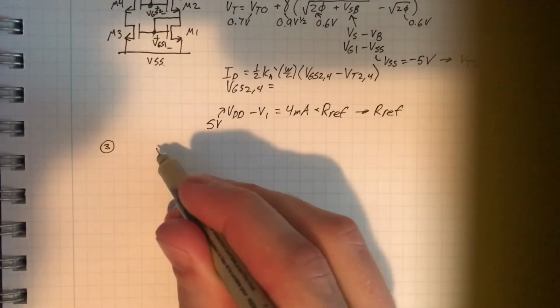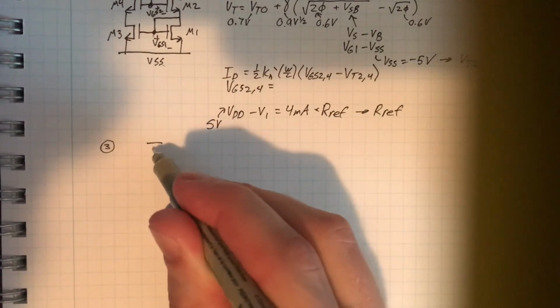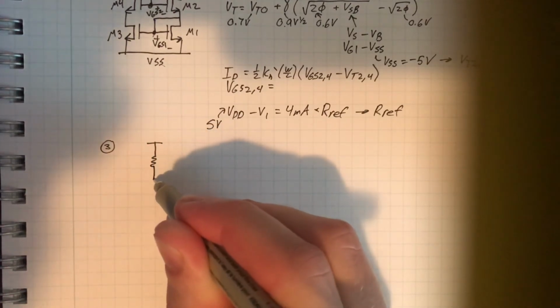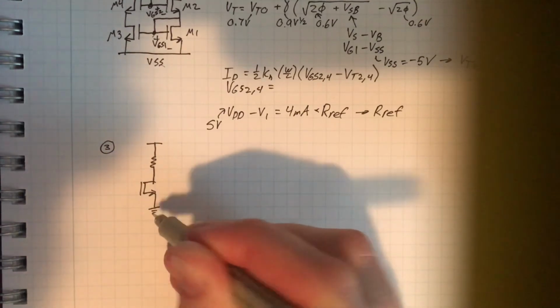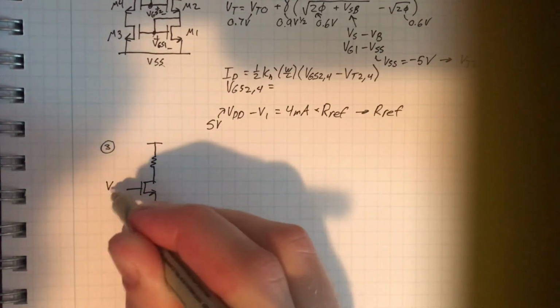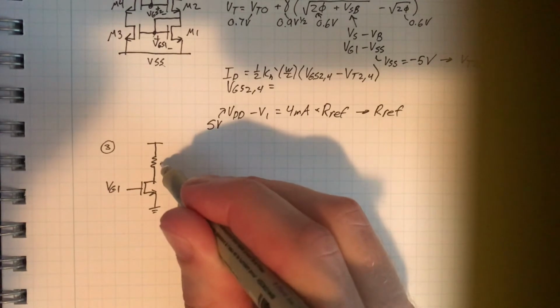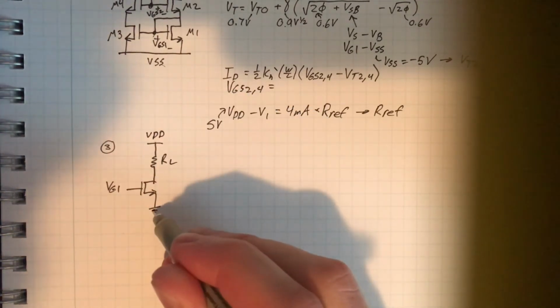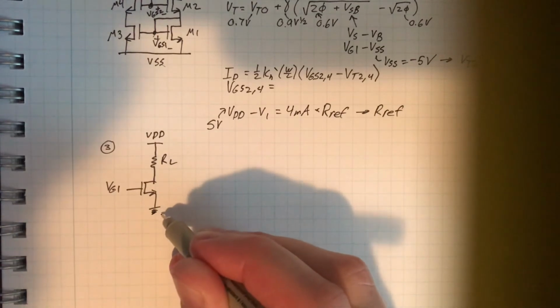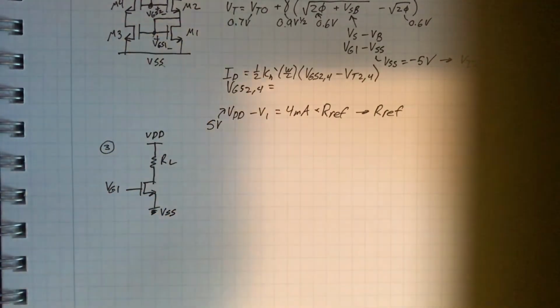We'll just draw the output here. This guy has VG1 on the gate, RL to VDD. Keep drawing that as ground. It's VSS, minus 5 volts.